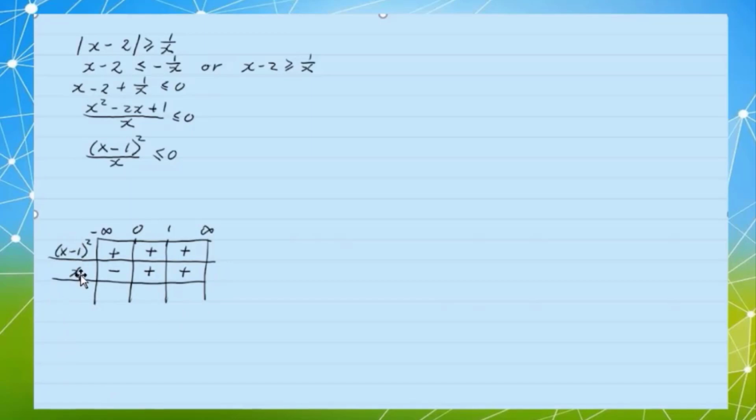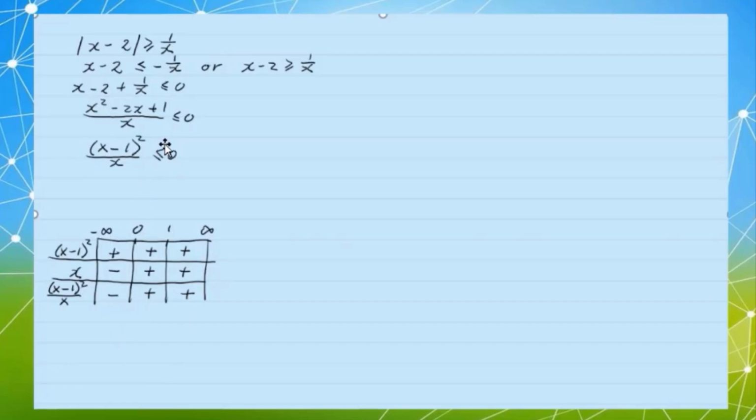So now we combine in order to find the final set of values of x. For x less than 0, positive times negative, it is negative. From 0 to 1, positive, positive, we get positive. And when x is greater than 1, positive, positive, we get positive.